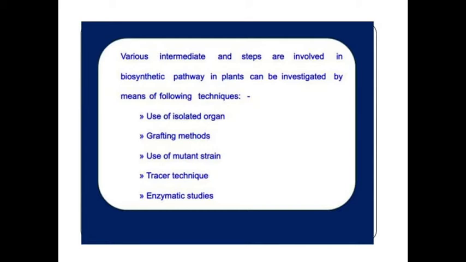The topic is biosynthetic pathway, or the subtopic under the biosynthetic pathway, that is biogenetic investigation. What we have seen are different types of biosynthetic pathways by which the plant produces primary metabolites, and from those primary metabolites different types of secondary metabolites are produced.